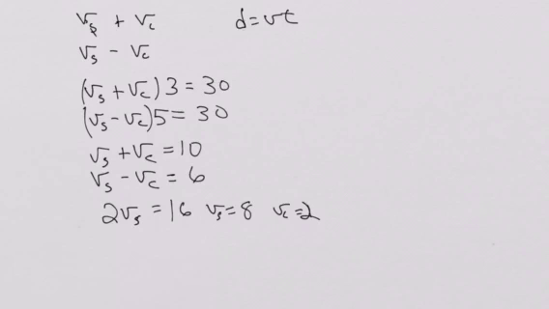And that was the question: what's the velocity of the current? So that's that question. I'm going to do at least one more, and then I might take a break to eat dinner, and then I'll send you more stuff.